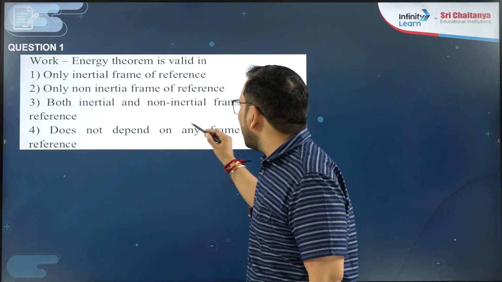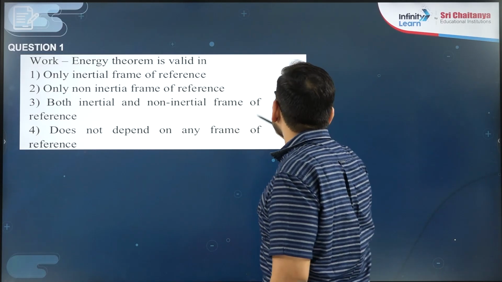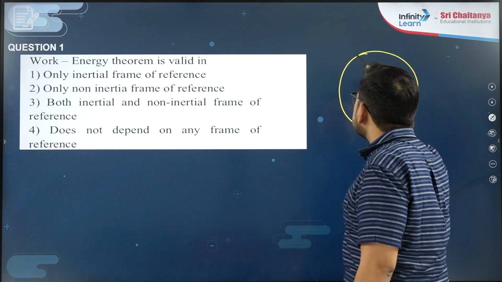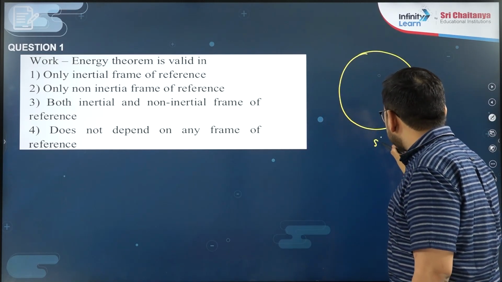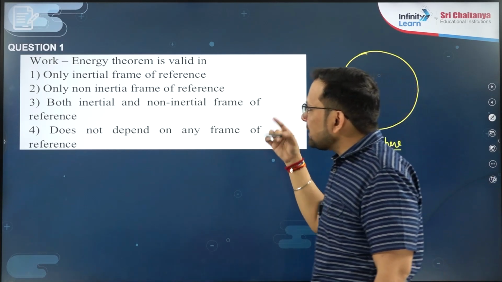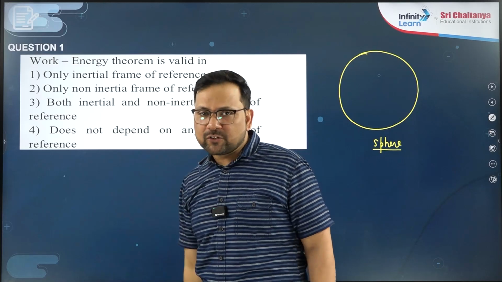So your observer is standing. Suppose I am saying this, one example, have a look. This is a sphere. I am describing this question by assuming you know the inertial and non-inertial frame.